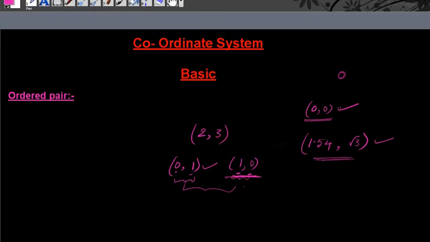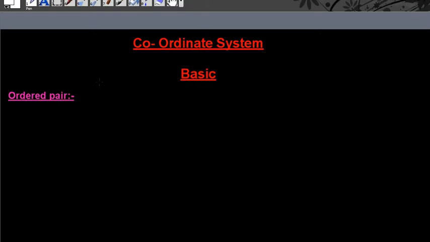Now, the definition of the ordered pair is: any two real numbers, let a, b, arranged in brackets and separated by a comma. Such a representation is called the ordered pair.